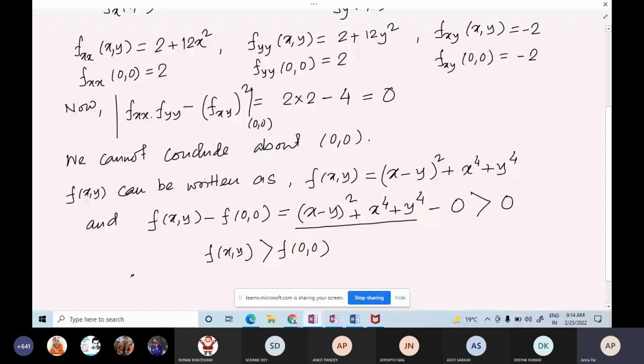Therefore, can I say that f is minimum at origin? Yes, ma'am. So when this sufficient-condition test failed, we did further investigation and arrived at the conclusion that f is minimum at origin.